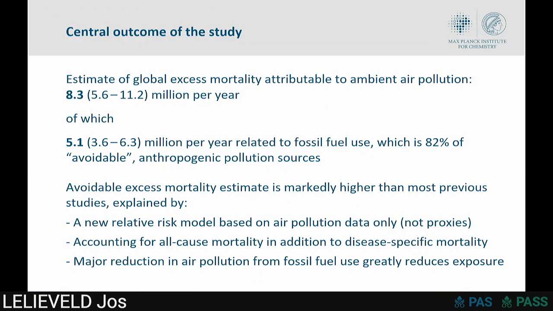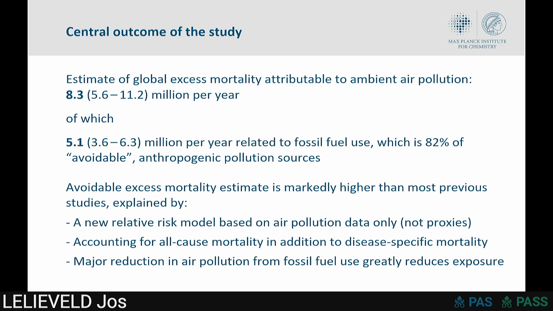So let me present you with the central outcome of this study and try to explain to you why the numbers may appear higher than the ones that you've heard before. So the estimate that we are presenting of global excess mortality attributable to air pollution is 8.3 million per year. Now, you need to understand this word excess mortality.